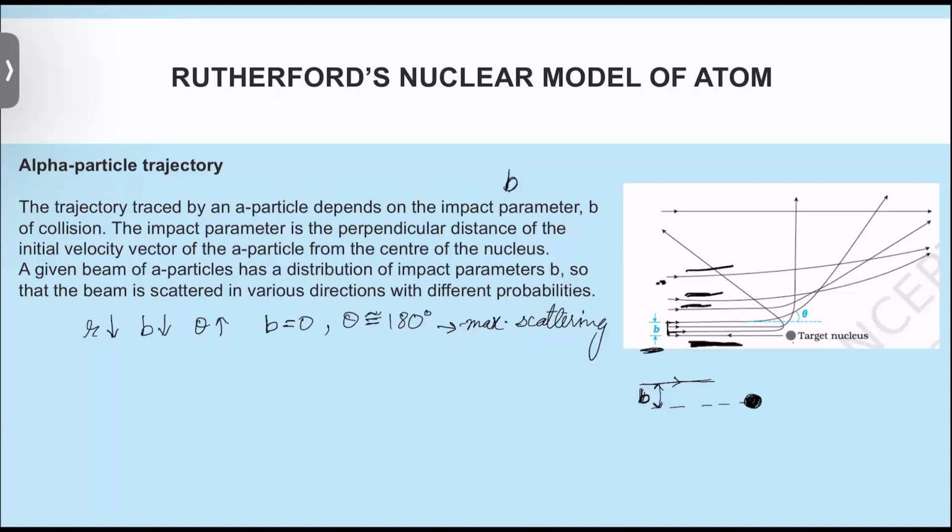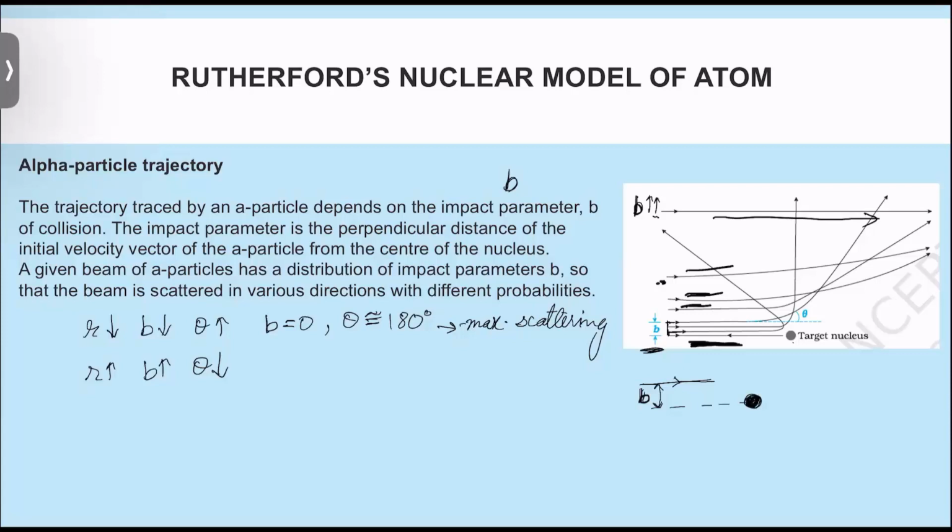Okay, if your r is increasing, then obviously your b is going to increase and your theta is going to decrease. Say over here, this b is very, very large, and you can see that it experiences no scattering. It goes through undeviated, unaltered, unscattered.